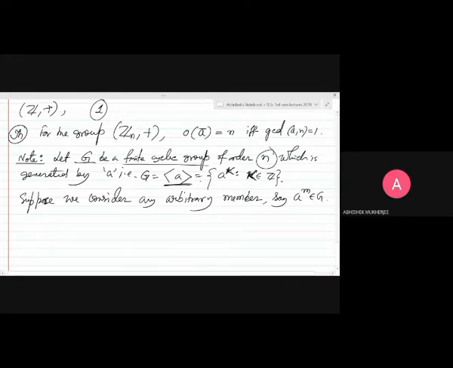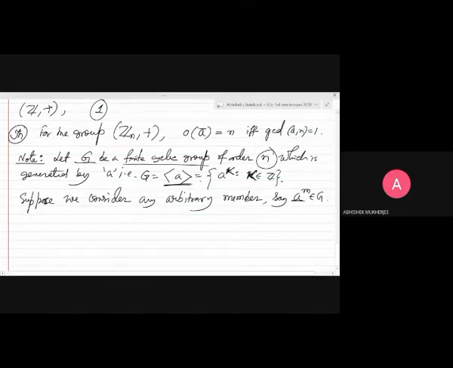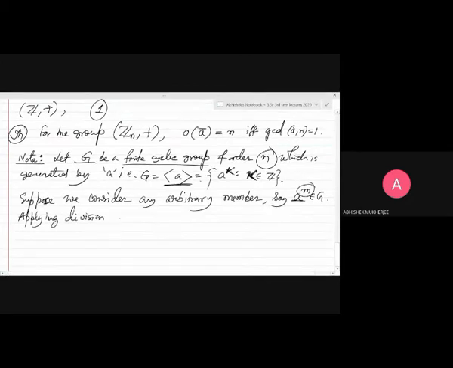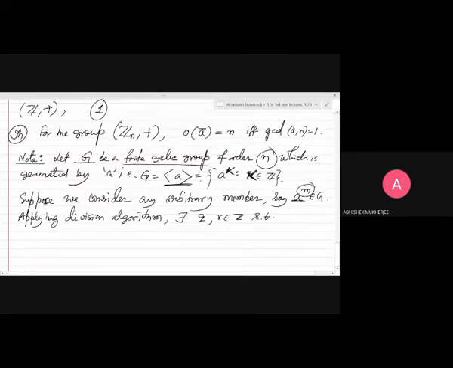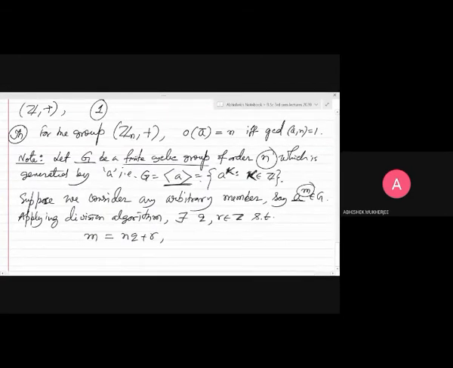So, using this n, what can we do with this element? We can apply the division algorithm to this power. Applying the division algorithm, there exist q, r belonging to Z such that m equals nq plus r, where r is the remainder in the division of m by n.